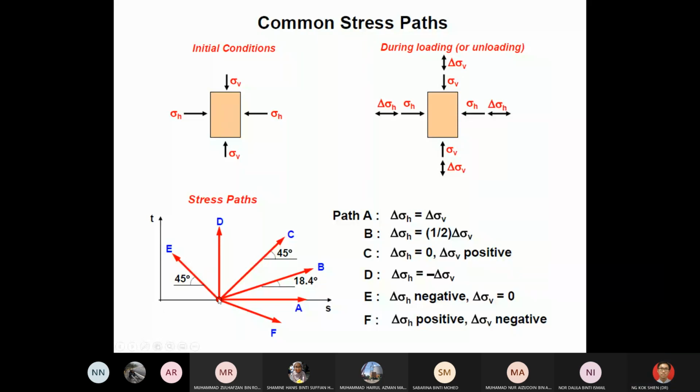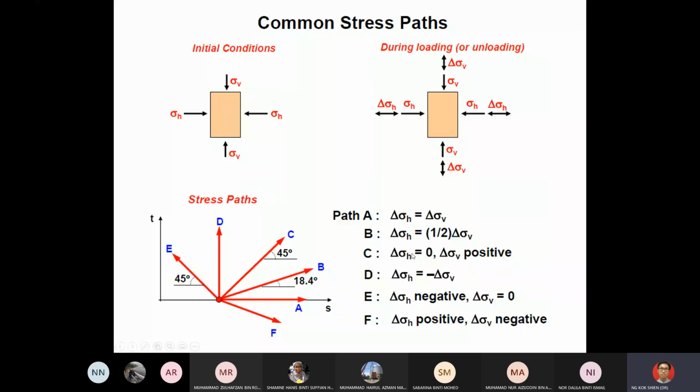Initially here. So when we apply loading in different directions, you get different stress paths. In the triaxial test, as we mentioned just now, you go like this, 45 degrees. That's the triaxial test because we don't apply additional stress in the horizontal direction.